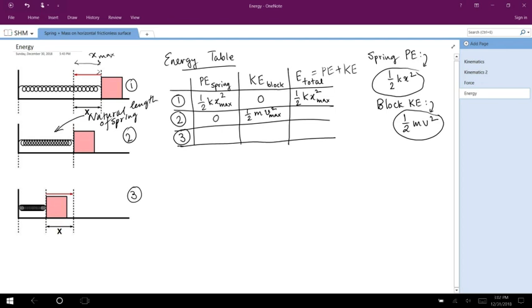This entry is 0. So the total is 1/2 m v max squared. And notice that the third scenario is pretty much the same as the first scenario. Again, the kinetic energy is 0, the potential energy is 1/2 k x max squared, and the sum total is 1/2 k x max squared.